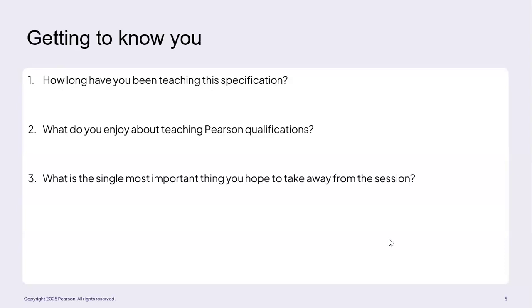Right, we will carry on, but you can still put things into the chat box as we go through. Yes, that's interesting, that what you want to take away from it is effective lesson planning and marking. That's what I hope a lot of you will take away from it this morning.